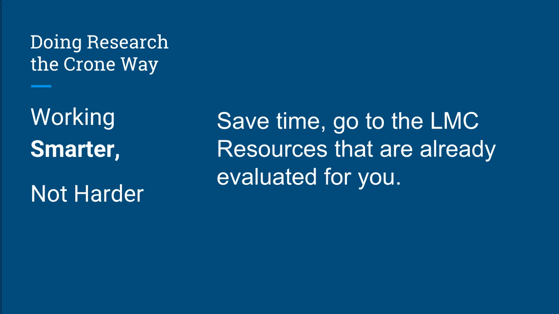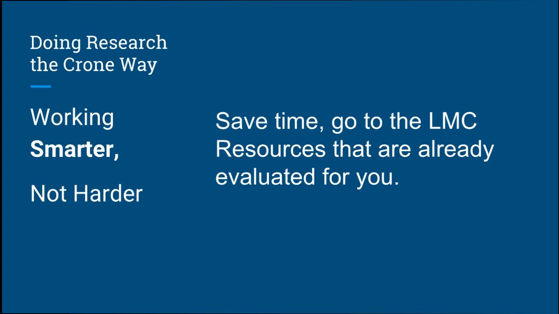So if you want to save time and you don't want to go through all those steps, what you can do is go to the LMC resources that are already evaluated for you. That's where we recommend that you start your research.